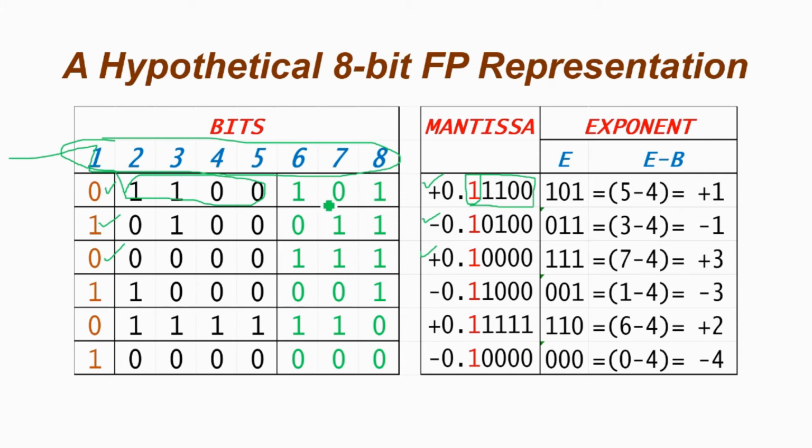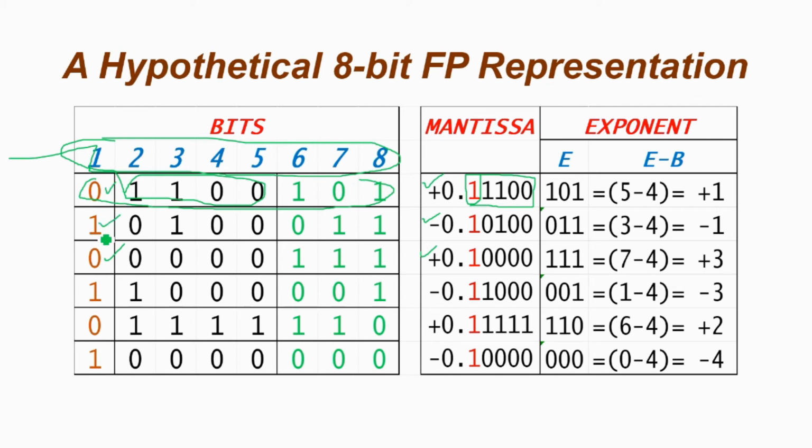What is the exponent? 101. 101 is 5. So the actual stored value is 5. The bias is 4. 5 minus 4 plus 1. So this bit pattern of 0, 1, 1, 0, 0, 1, 0, 1 represents the value of plus 0.11100 into 2 raised to the power plus 1.